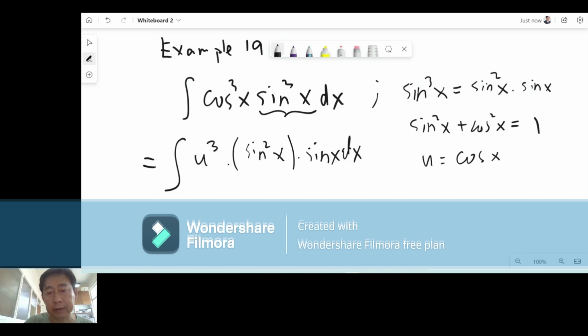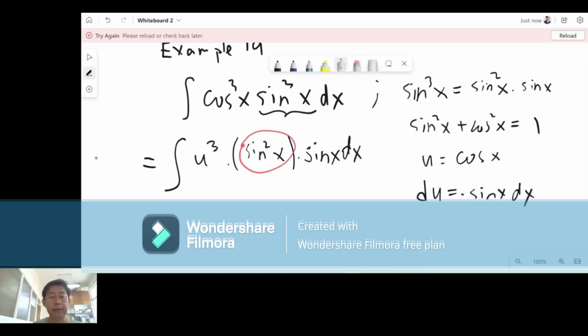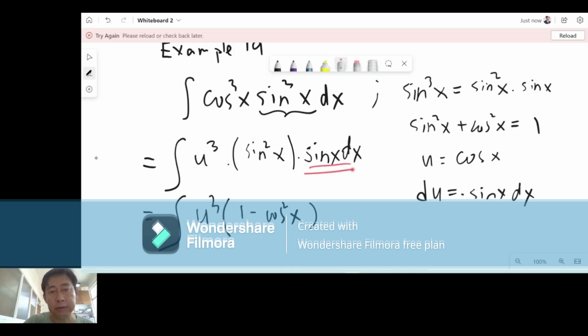Sine x dx is nothing but the differential of u with a minus sign. And sine square x is simply equal to 1 minus cos square x. So the next line would be written as 1 minus cos square x, and this will just give me du with a minus sign.